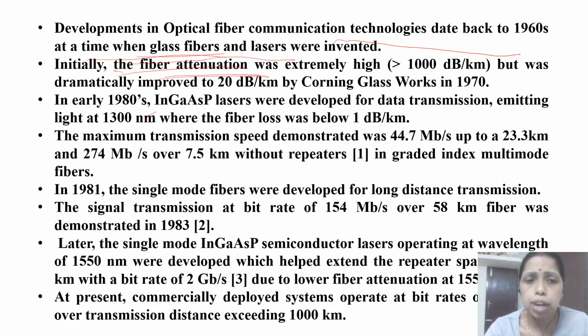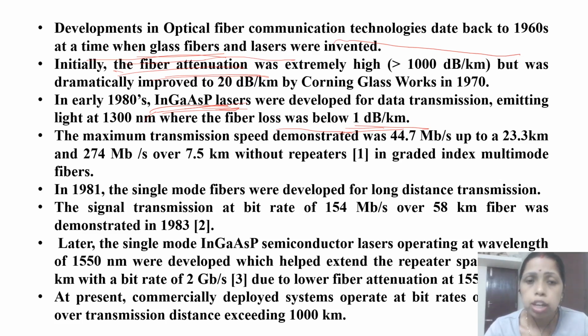In this way, lasers based on indium gallium arsenide phosphide were used as light sources. The signal degradation is also related to what kind of laser or optical source you have used. So you can see 1 dB per kilometer attenuation was developed.